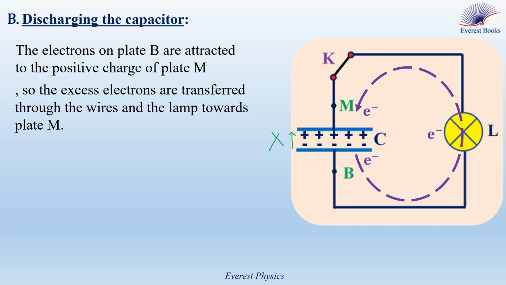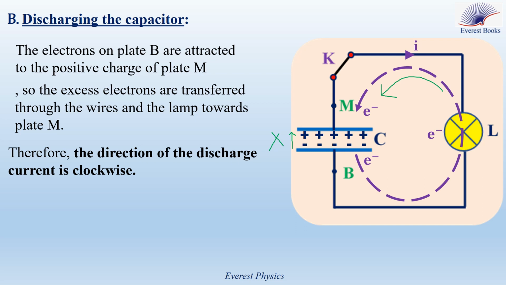Let's move to the direction of the discharge current. Look at the flow of electrons. The flow of electrons is counterclockwise, so the direction of the discharge current is clockwise. Now, I want to compare the direction of the discharge current to the direction of the charge current.